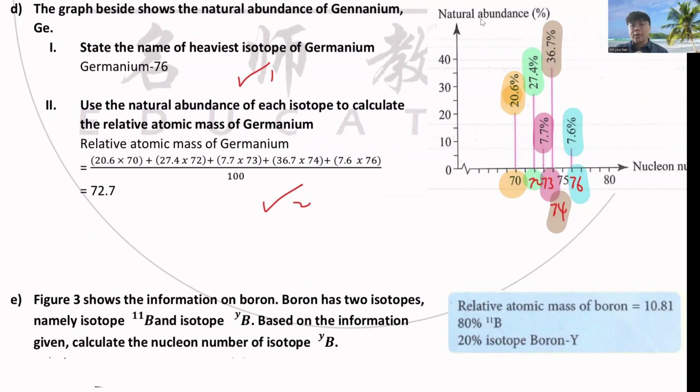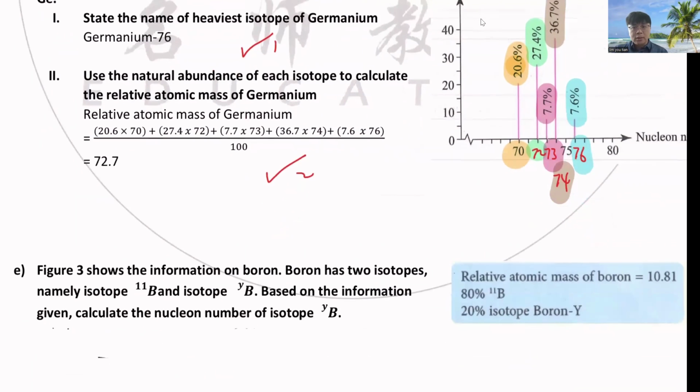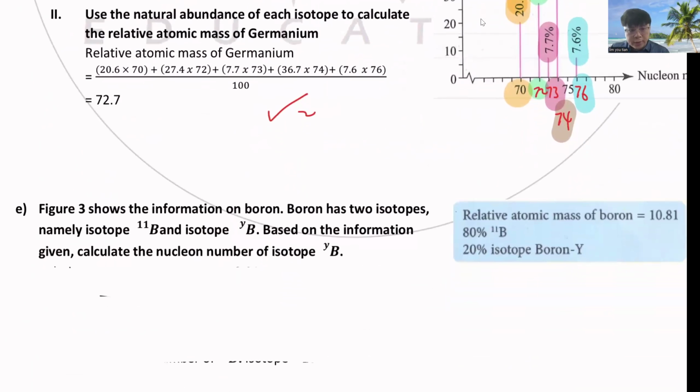And then for the calculation of isotope, there's one special question. The special question is the last question we did. You see here, they give you two different masses. One is 11, one is Y. Okay, so we know that 80% of the mass is 11, and then 20% of the mass is Y, and then the average mass is 10.81.